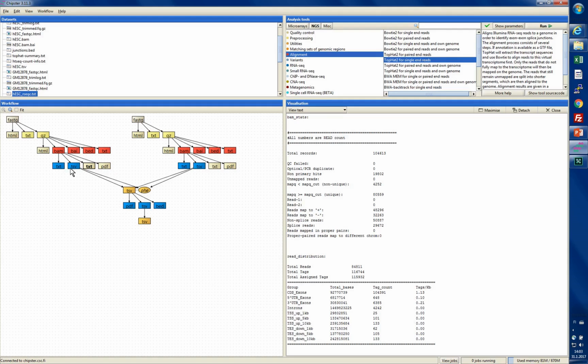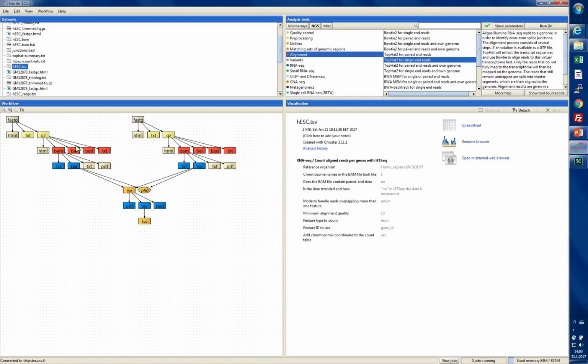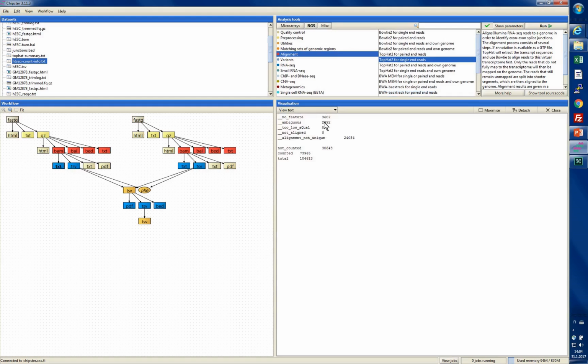Then we did the HT-seq counting of aligned reads part as well. And there I was asking how many alignments were not counted for any gene. For that one, you would need to open again the text file. Here. Okay, here we go.